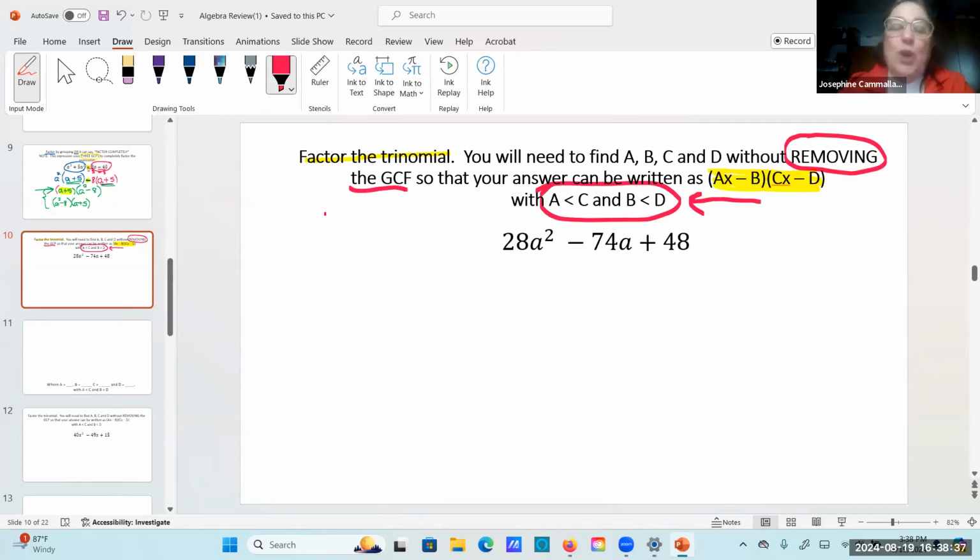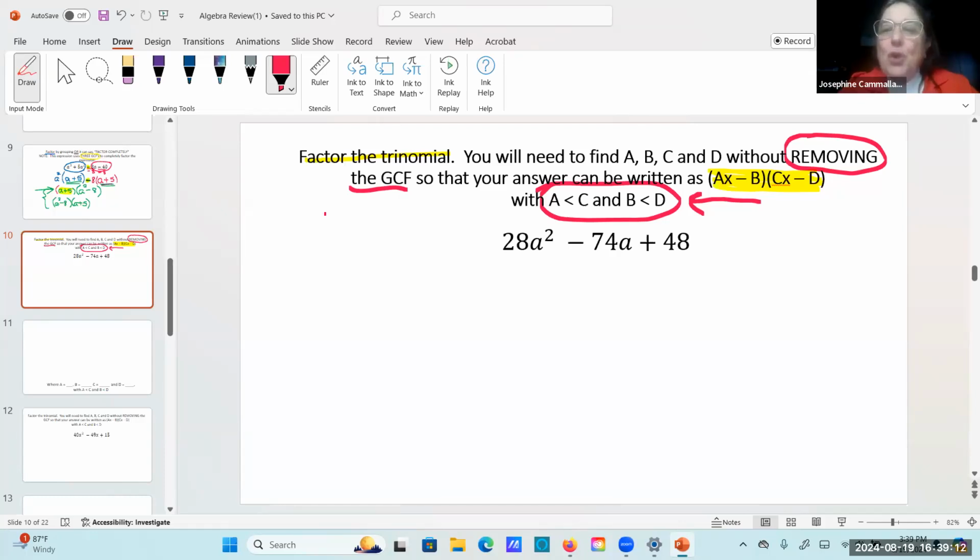Now, I'm going to let you know that this problem, 28, 74, 48, you could divide by 2, and you could make it smaller. But this problem isn't going to let you do that. It's not going to let you get away with that. So therefore, you're going to have to use 28 and 48, and I'm going to tell you now, the numbers are going to be big. It's just the way the program is set up.